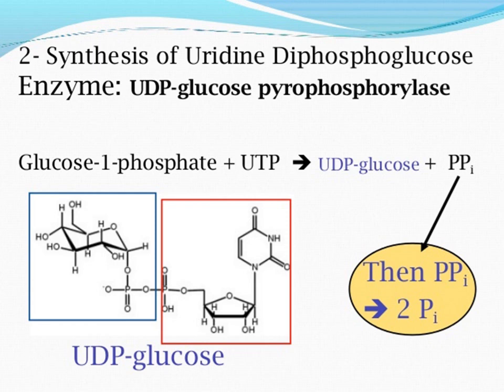Synthesis of uridine diphosphoglucose, UDP-glucose. The enzyme involved is UDP-glucose pyrophosphorylase. The glucose 1-phosphate that was formed in the earlier slides is now converted into UDP-glucose, uridine diphosphoglucose, in the presence of UDP-glucose pyrophosphorylase.